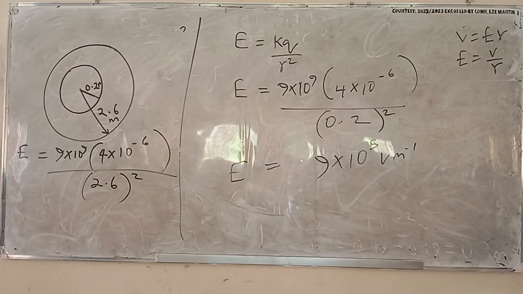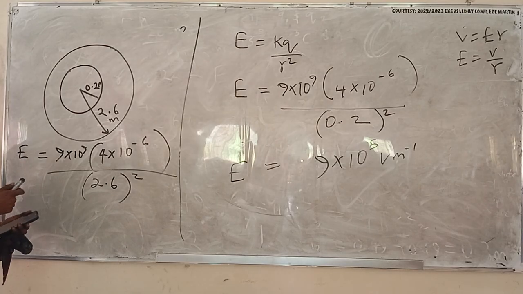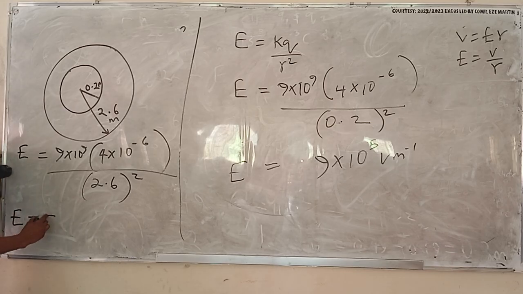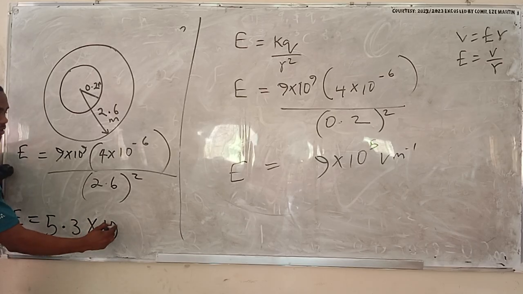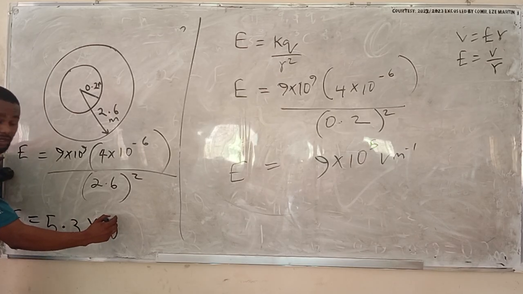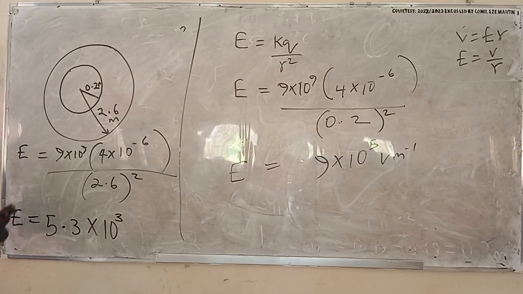What do you have? 5.3 times 10 raised to the power 3. Is that 53,000?